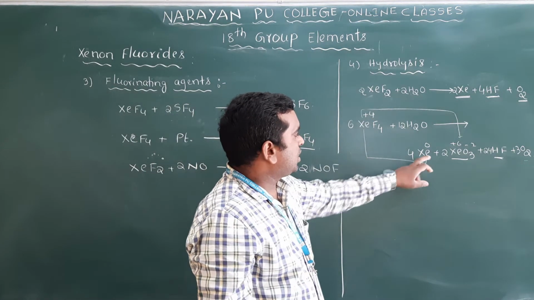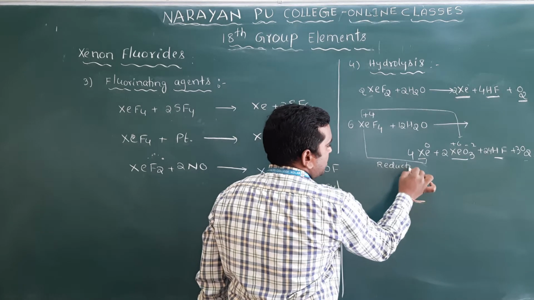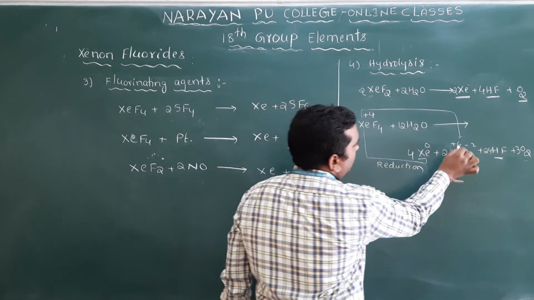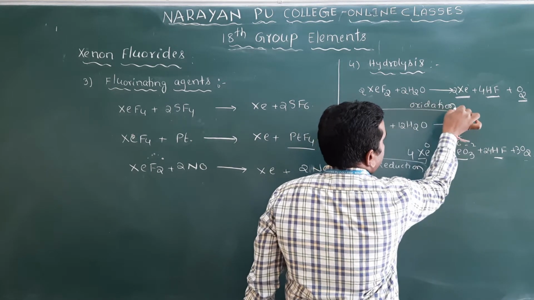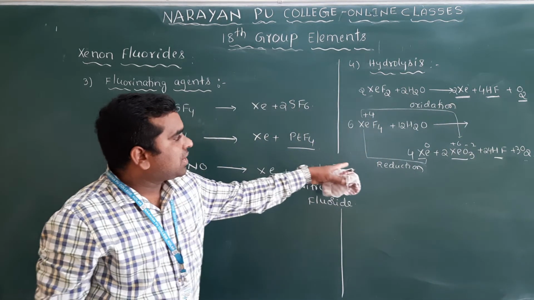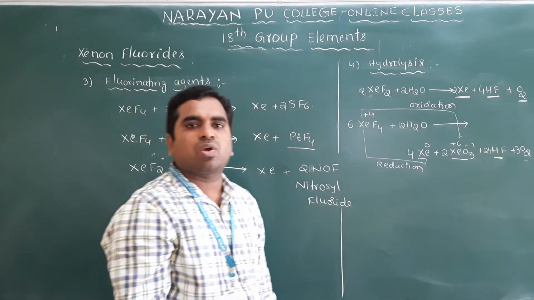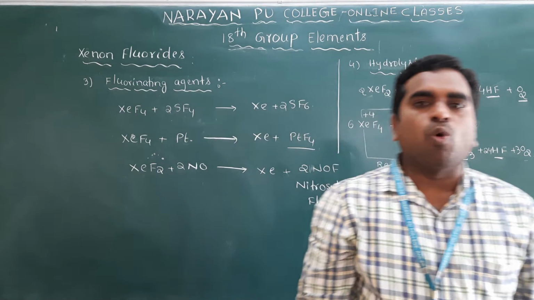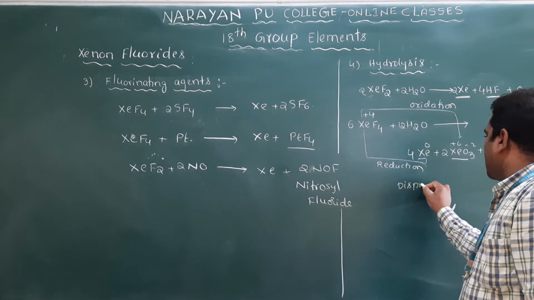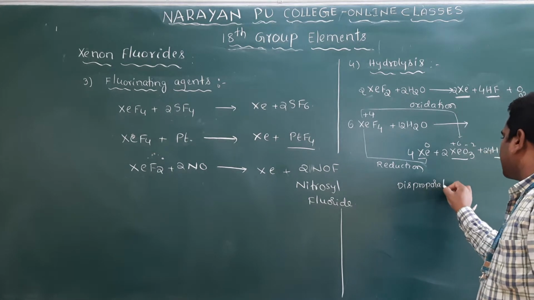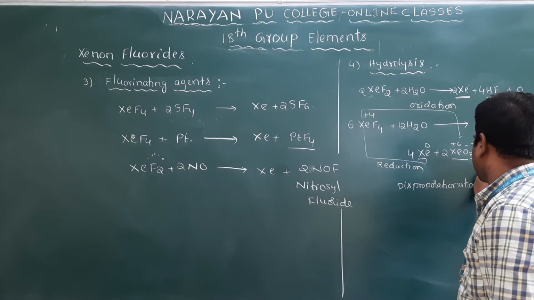Xenon +4 to xenon 0 is reduction, and +4 to +6 is oxidation. So the same element undergoes both oxidation and reduction, and those types of reactions we call disproportionation reactions. So this reaction is a disproportionation reaction.